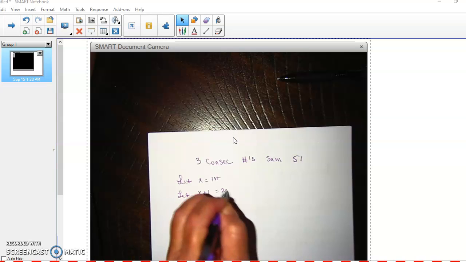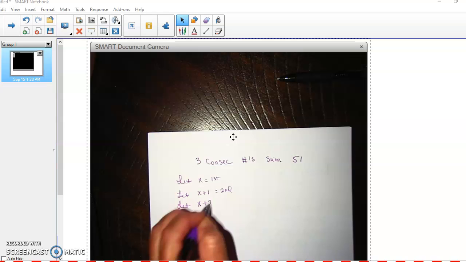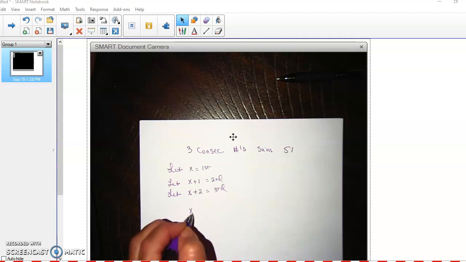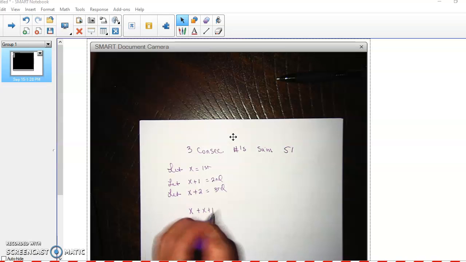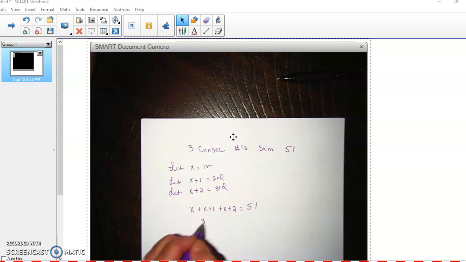That's my second number. And if I want to go from 1 to 3, I've got to add 2 to it, right? That would give me my third number. So we're going to say x plus x plus 1 plus x plus 2, and that's going to total 51. So now I have 3x plus 3 equals 51.